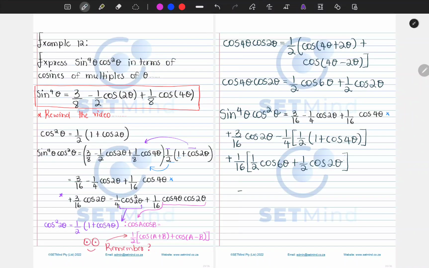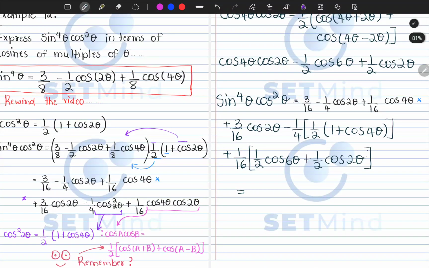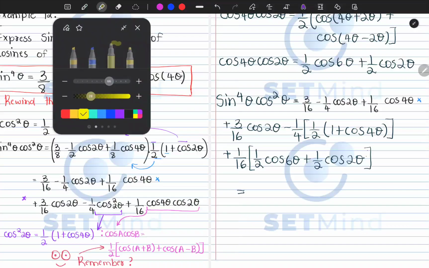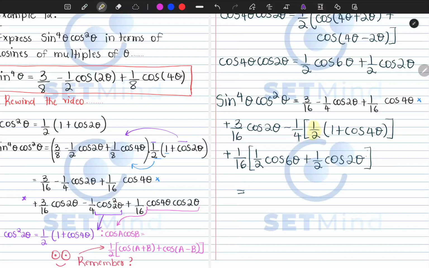So we can go ahead and finalize this and add some like terms here, which will end up giving us, let's see, so there's the constant terms. So when we add the constant terms, you'll see that what we have is 3 over 16 minus 1 over 8, which can be written as 2 over 16, which will give us 1 over 16.